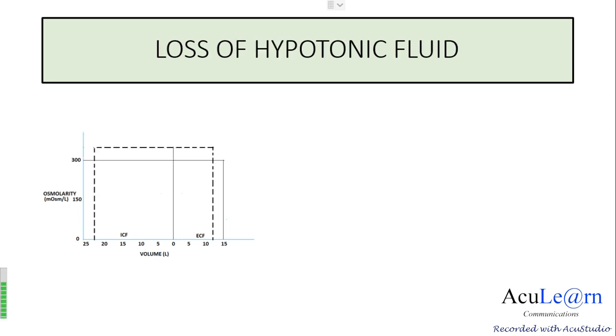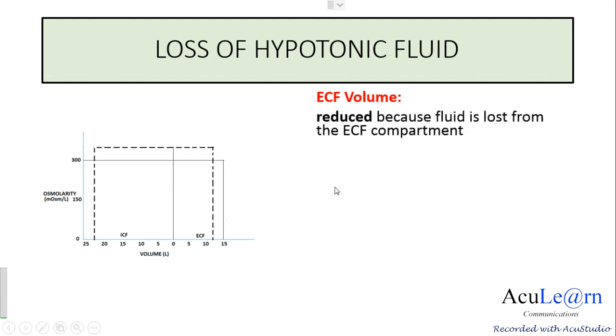Now, if you lose hypotonic fluid, the ECF volume is going to be reduced because the fluid is lost from the ECF compartment, which can be seen in this volume osmolarity diagram. You can see the dashed line is cutting the x-axis and is inside the solid line, and that shows that ECF volume is decreased.